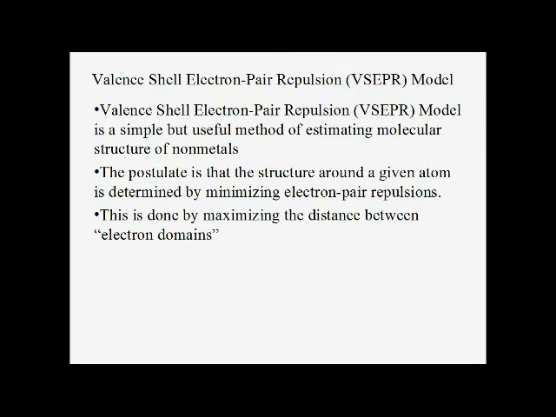These electrons all have the same electrical charge, which means that they are repulsive to each other. So these areas try to get as far apart as possible from each other. And using this simple concept, we are able to predict the geometries of our molecules.